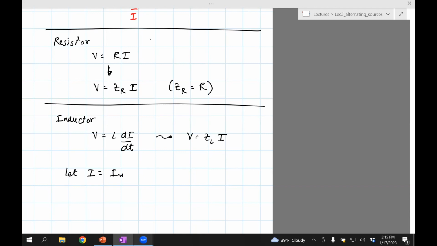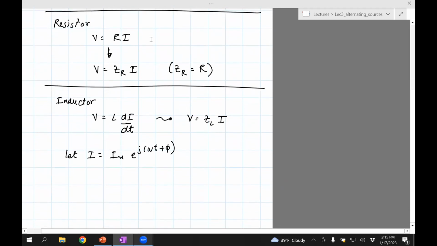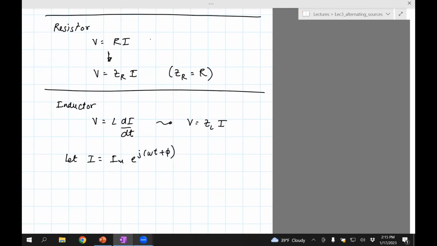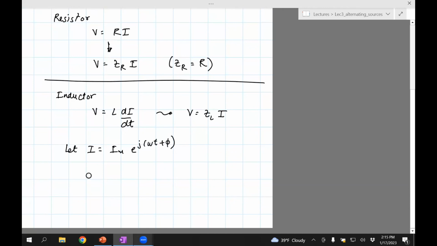So I equals Im e raised to j(omega t plus phi). Now you could also do this with voltage, it's just much simpler to do it with current, because then I can differentiate. If I do it with voltage, then I'll have to integrate, but you'll get the same result. So let's put this in the first expression, that is V equals L di/dt.